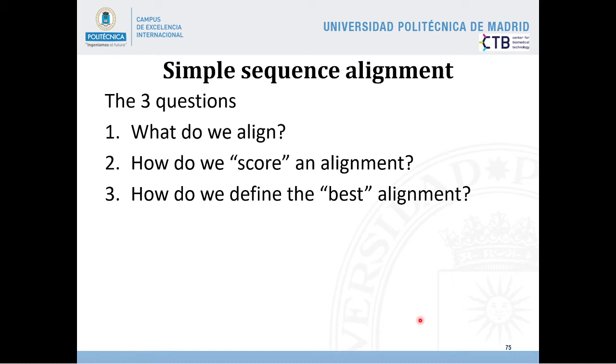More or less what we were talking about, those metrics to search the similarity between those two sequences, for example. And how we define which is the best alignment, because as you saw, there are many options to align. So one of the critical points is which alignment is better than the other.